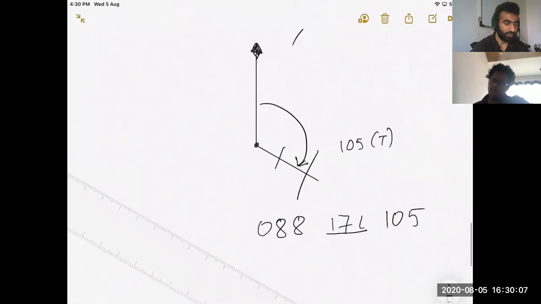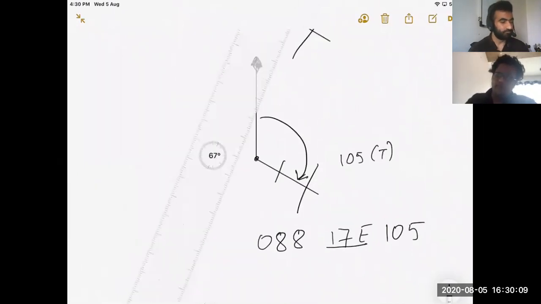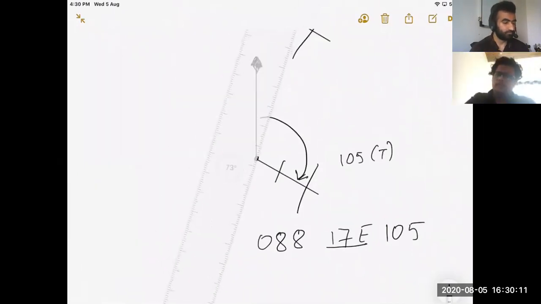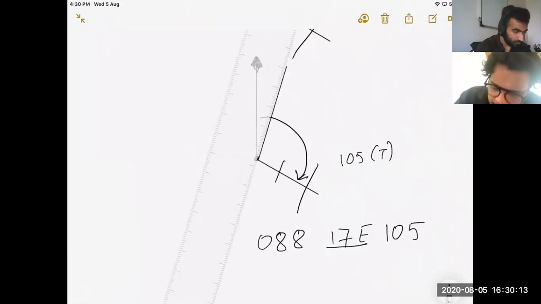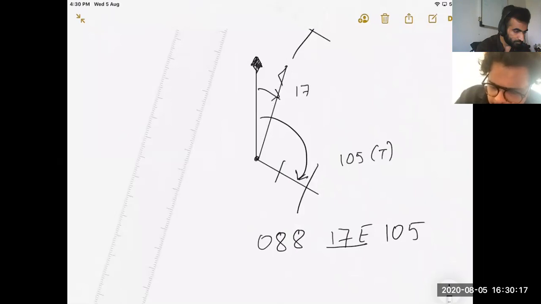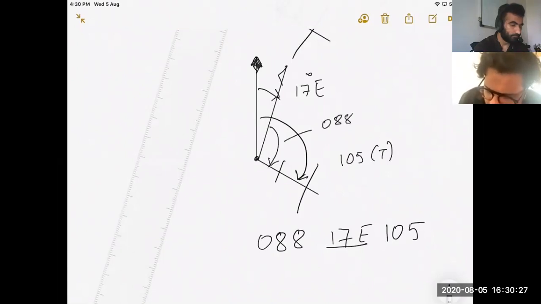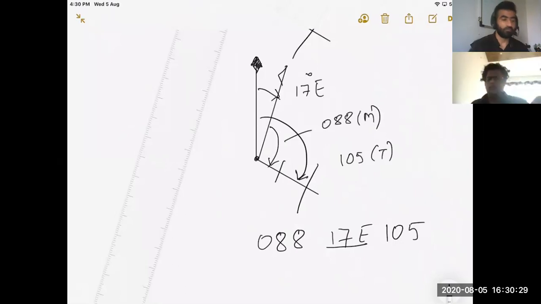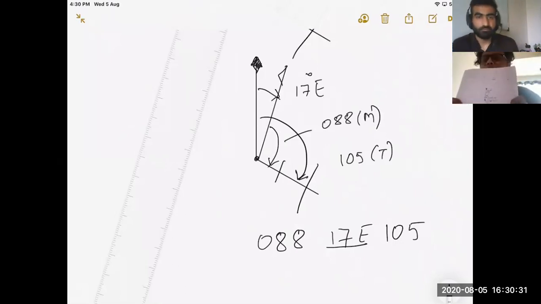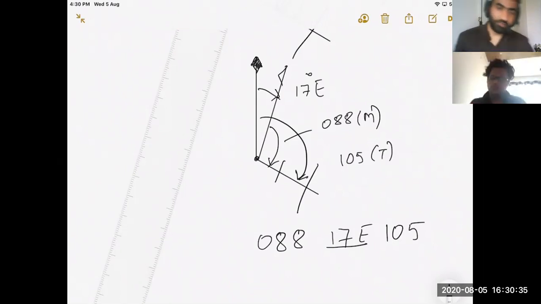Can you show me on the diagram? The variation will be somewhere here. This will be 17 degrees east, and this will be 088 degrees. Perfect. Looks good. Send me a picture on WhatsApp, okay?